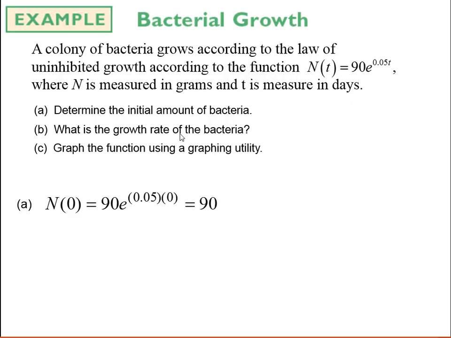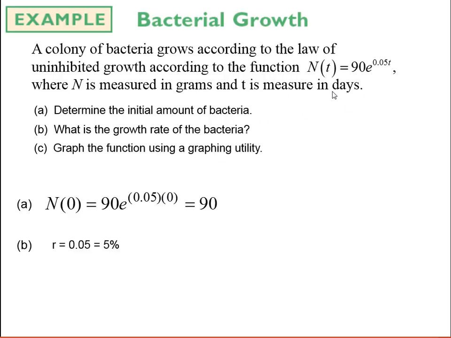And then letter B says, what is the growth rate of the bacteria? Again, we know from the last section the growth rate is the coefficient of the t variable up in the exponent. So I'm going to say the rate is 5%. We're going to grow 5% every day, since that's our unit.